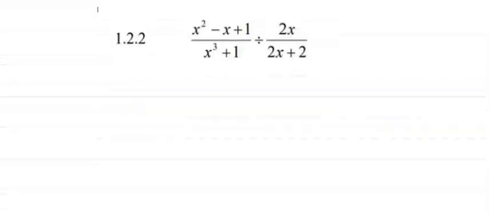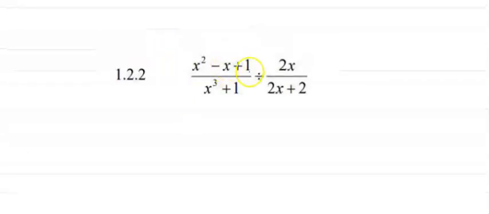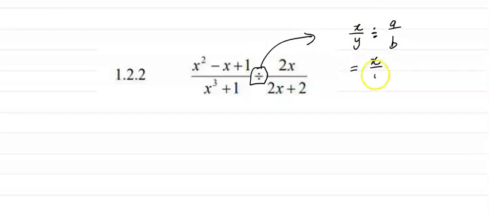Right, so in this particular question now, you've got x squared minus x plus 1 all over x cubed plus 1 divided by 2x over 2x plus 2. Now don't forget, you got division, right? So when you got division, for example, x over y divided by, let's say, a over b, we change division to multiplication, and then we swap the numerator and denominator after that division sign.